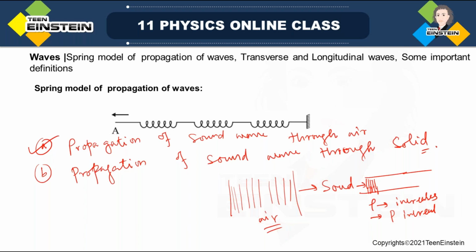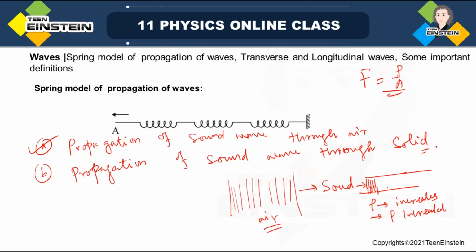When the density of the layer in any region increases, then pressure also increases. And you know, force is pressure times unit area.